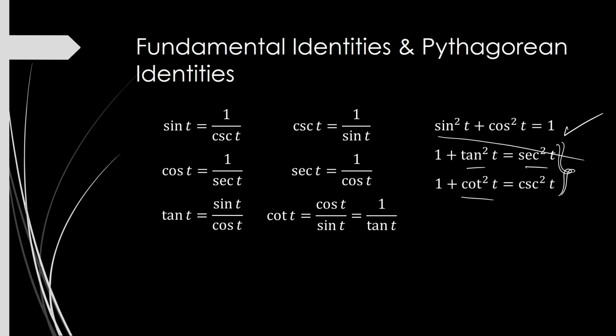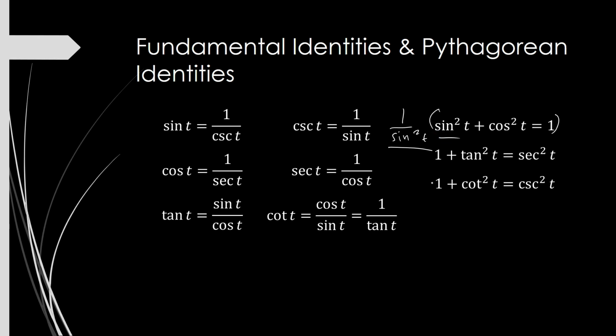If you want to remove your doubt, derive these two Pythagorean identities from this one: the square of sine plus the square of cosine is equal to 1. How do you do that? You multiply by 1 over the square of cosine of t, and that will lead you here. To derive the third Pythagorean identity, you multiply by 1 over the square of sine of t.